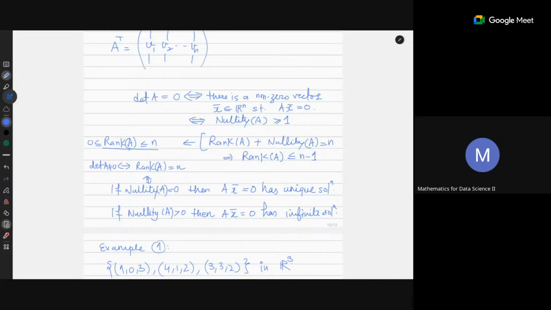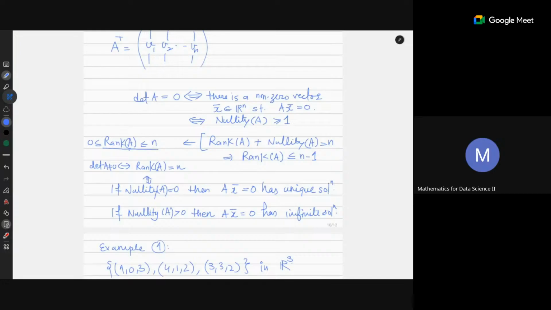We trace back each step. You reduce your matrix A to RREF form. Whatever operation you perform, corresponding to each operation, you can backtrace in terms of determinant, and you can relate the determinant of the RREF form matrix to the determinant of the original matrix.